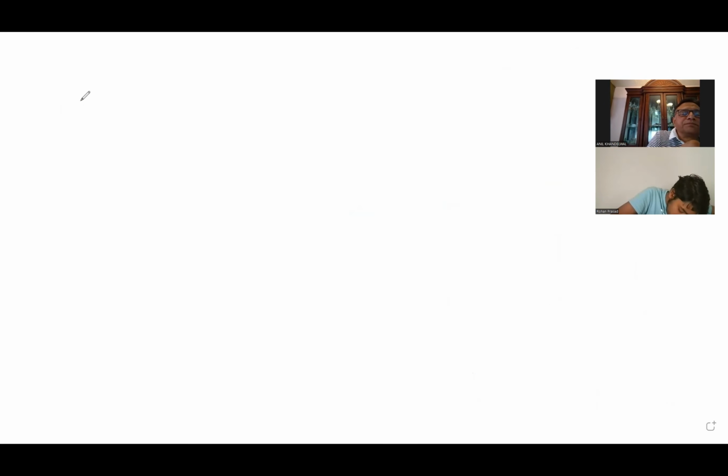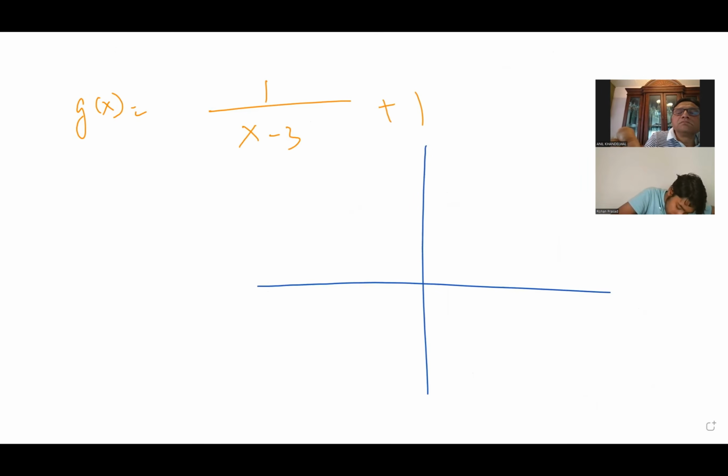Sketch this function. g of x is equal to 1 over x minus 3, plus 1.